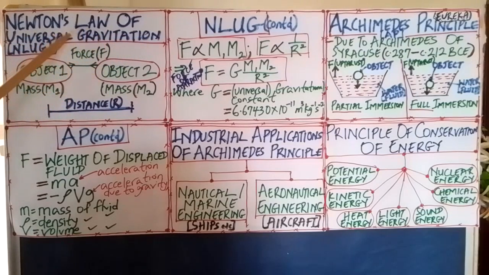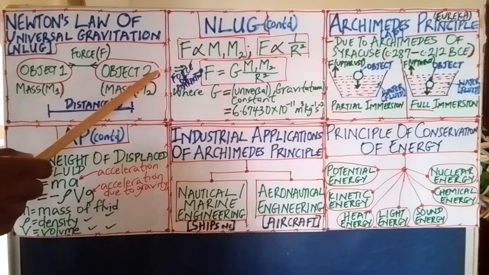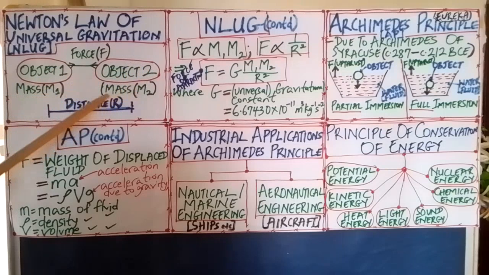So this law deals with gravitation, and it talks about objects in the universe that are attracted to one another. Here we have used two objects. Object 1 having mass m1 and object 2 having mass m2.